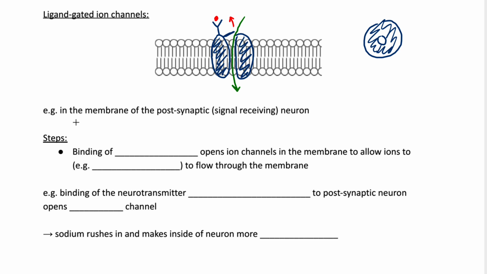And a very common example of these are that they're in the membrane of the postsynaptic or the signal receiving neuron. So if this is a diagram of a synapse where we have one neuron sending a signal across a small gap here to the next neuron, the signal within the neuron is electrical, but when that electrical signal gets to the end of the neuron, it triggers exocytosis of vesicles containing neurotransmitter into the synapse, and those neurotransmitters act as ligands that open ion channels in this postsynaptic neuron.